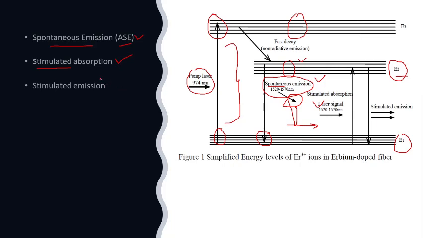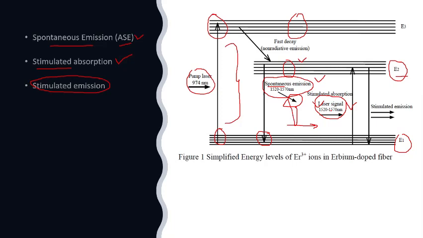The last operation is our stimulated emission process. Once we put the laser signal in the EDF, erbium doped fiber, the ions which are in the metastable state, with the help of stimulated absorption, give energy to this weak laser signal through a process known as stimulated emission. In this process, the ions provide photons identical to our laser signal.